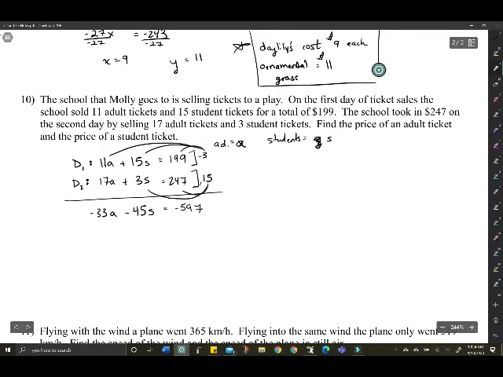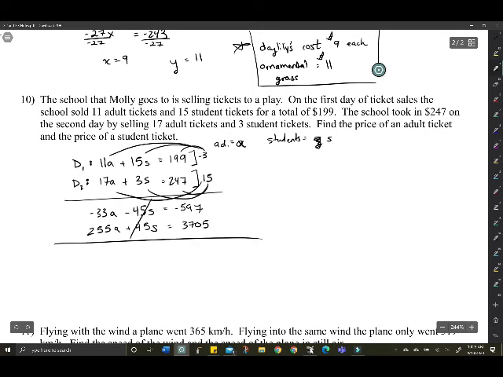On the bottom, 17 times 15 is 255. 15 times 3, which will be our positive 45. And 247 times 15 is 3,705. Okay, numbers are bigger, don't let them scare you.